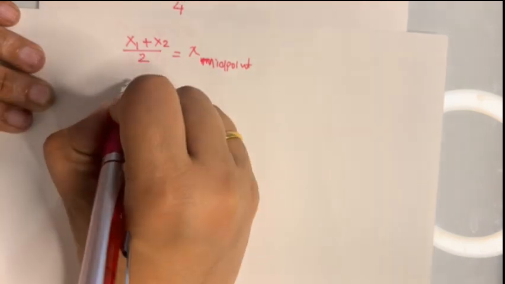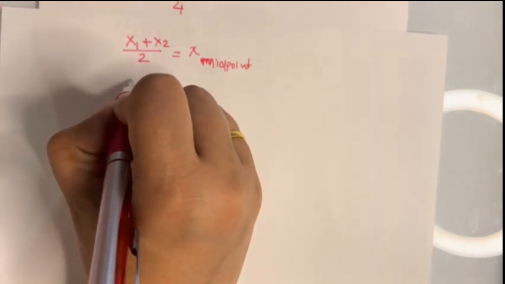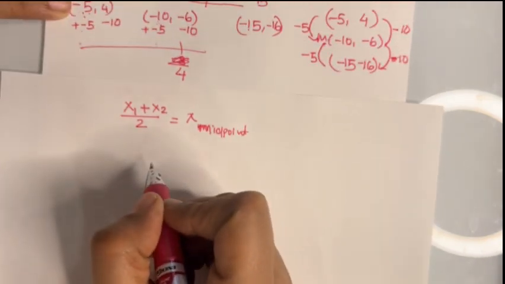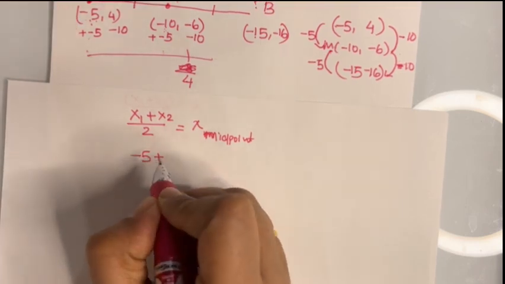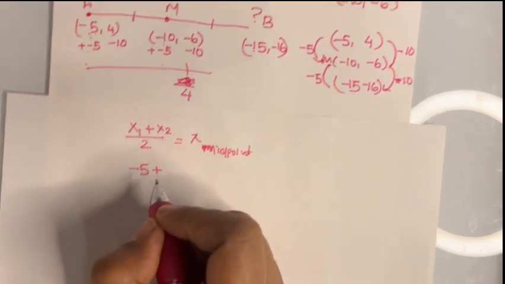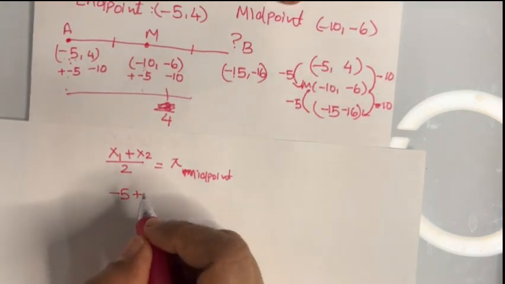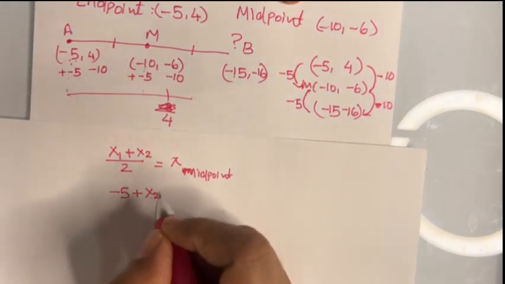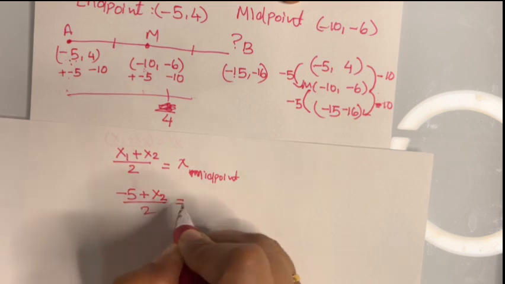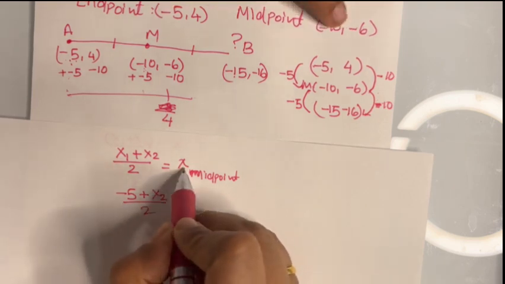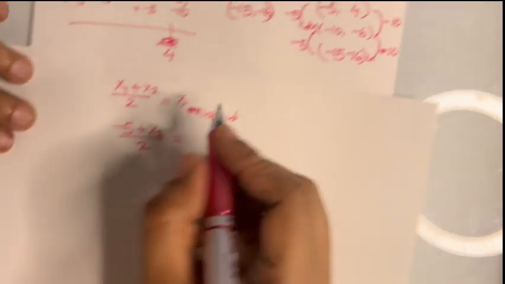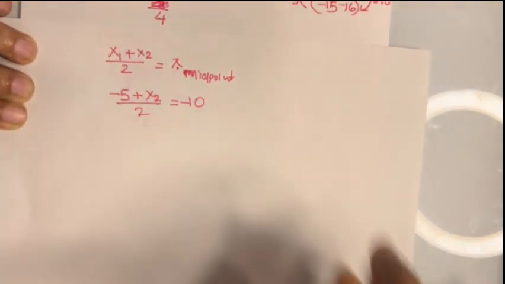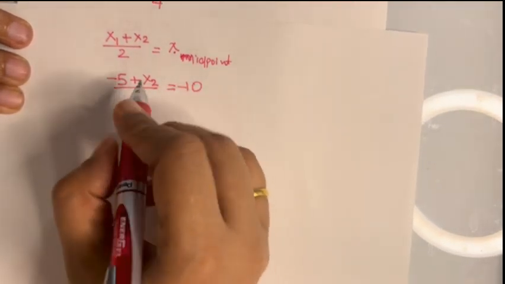Now our x sub 1, the x value of the endpoint, is negative 5, plus the other endpoint's x value, which we don't know. We have to find that. Divided by 2 equals the x value of the midpoint, which is negative 10. We are given negative 10. Then you need to solve it for x sub 2.